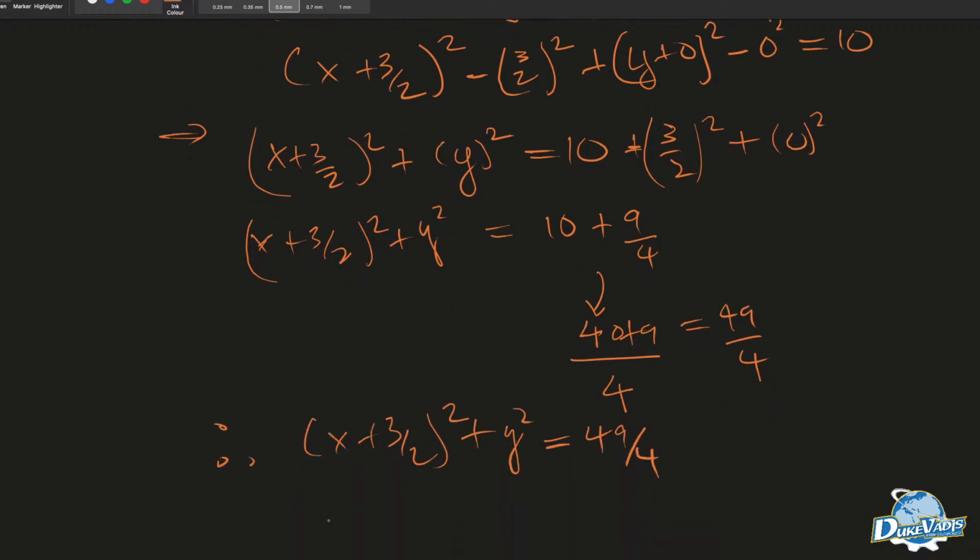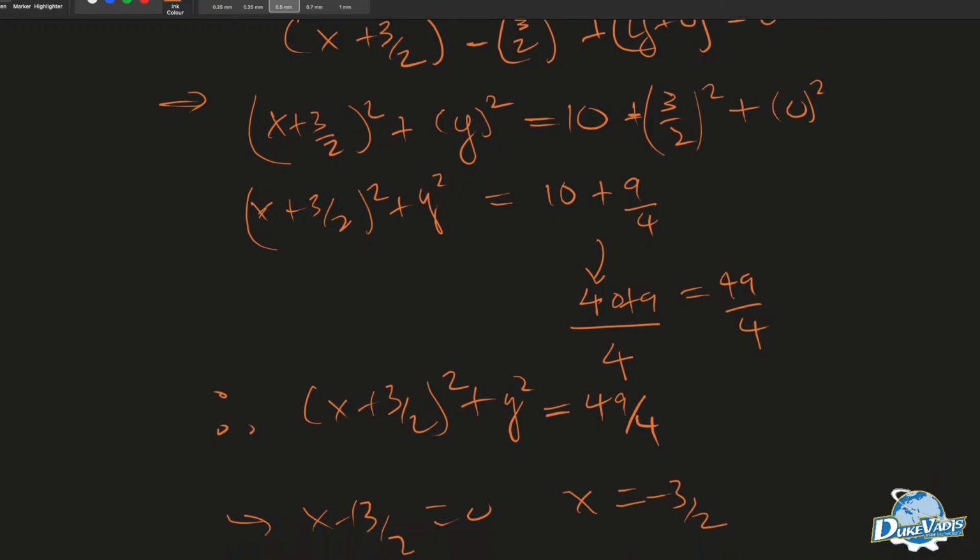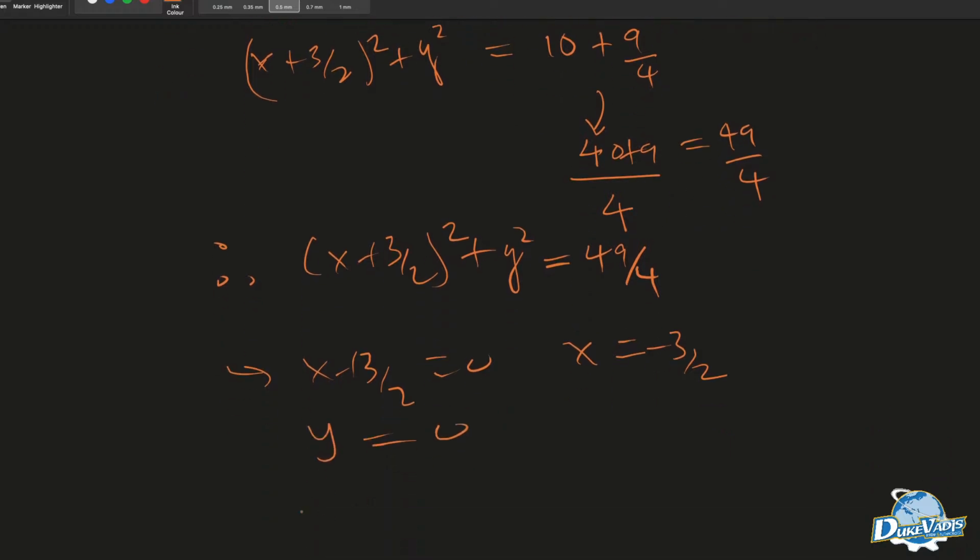Meaning x plus 3 over 2 equals 0, so x equals negative 3 over 2, and y squared, so y is equal to 0. So therefore our coordinates, the center C, will be negative 3 over 2.